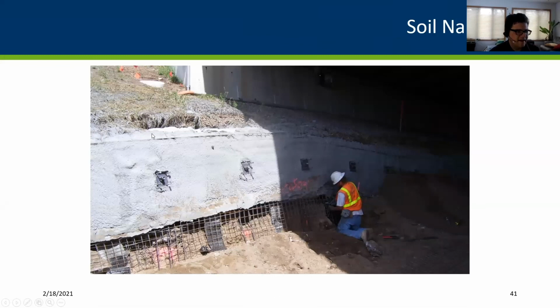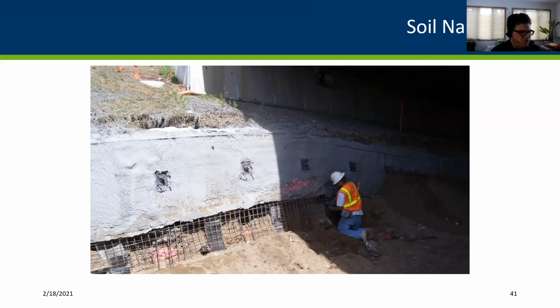But as you excavate, so as you're cutting down, this top-down construction that you have, this cannot be left open very long. And so in the field, they need to make sure that the construction schedule is very strictly followed.